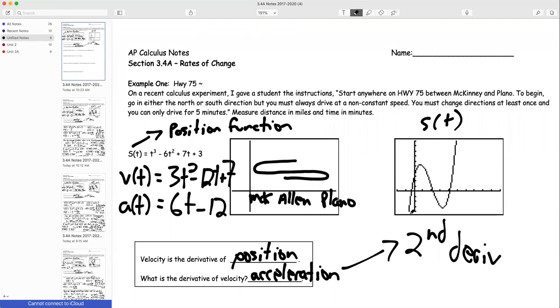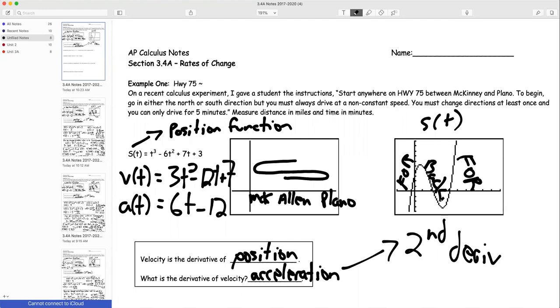Velocity shows direction. So I'm moving forward over here and over here. And whenever my slope is negative, I would be moving backwards.